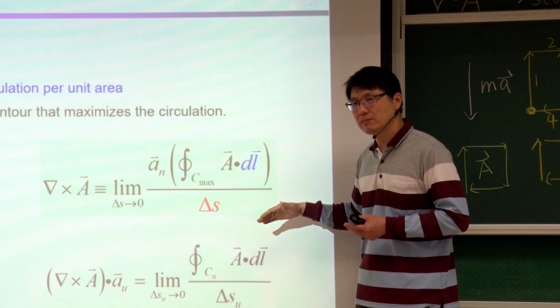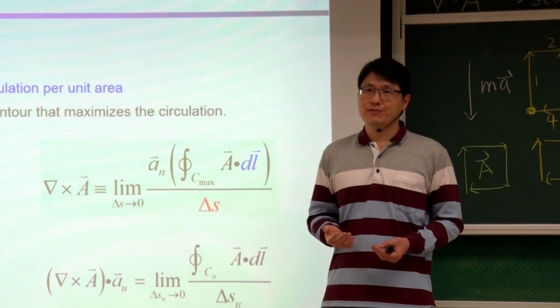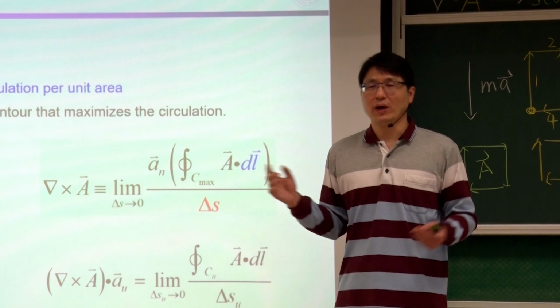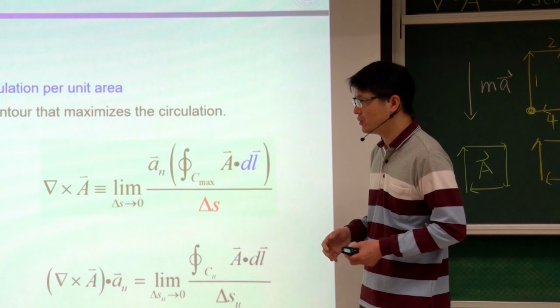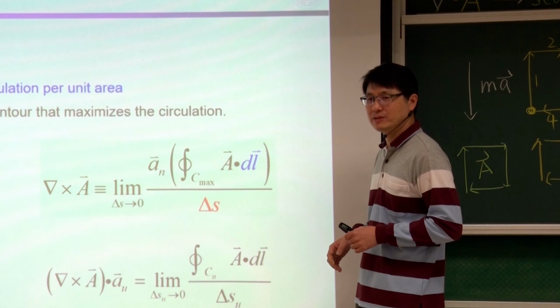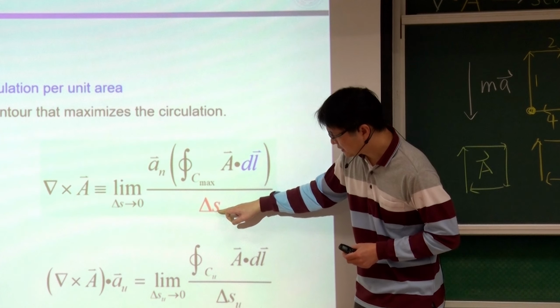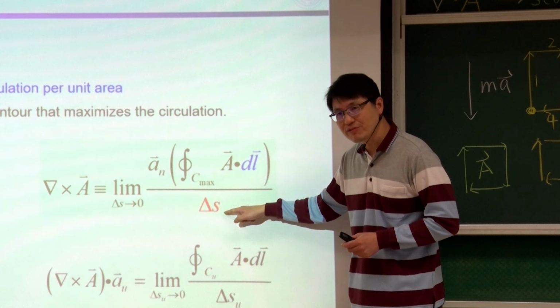Okay, so later on, I will try to derive the expression for the curl operation in Cartesian coordinates. Why? It's the easiest. And because you are smart, I trust you can work on cylindrical and spherical coordinates. But again, you have this net circulation divided by differential surface.